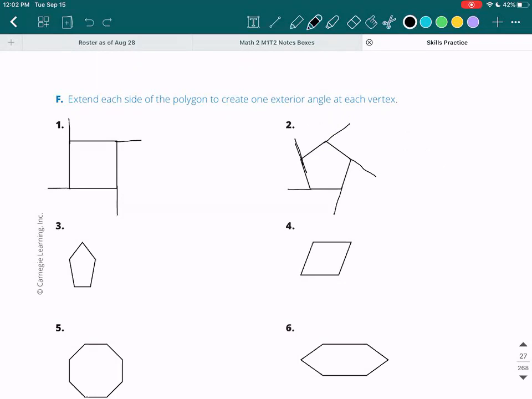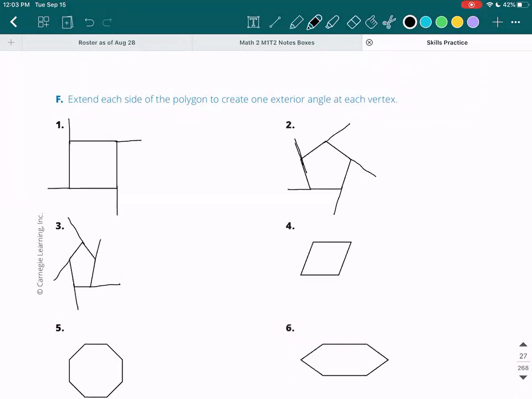Okay? Let's say you like to reverse it the other way. Let me show you what the other way would look like. Or extend it the other way, I mean. So you can make it come out the other way. That's totally fine, as long as you only have one line sticking out from each corner. Do not do 2, okay?